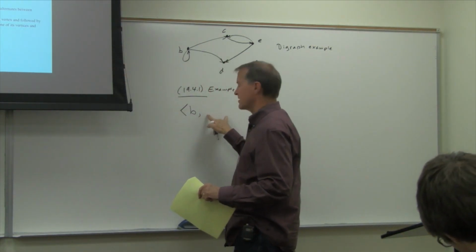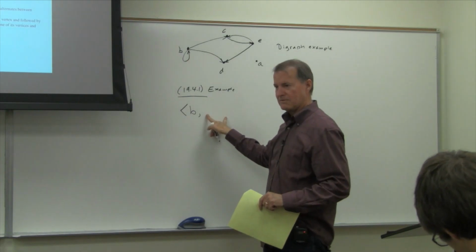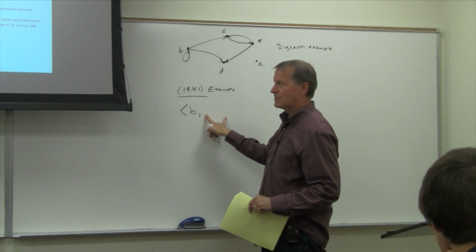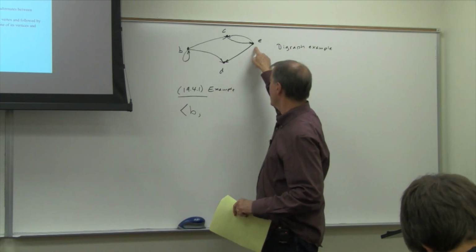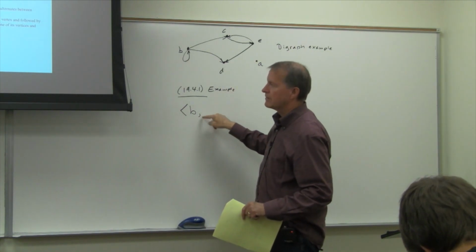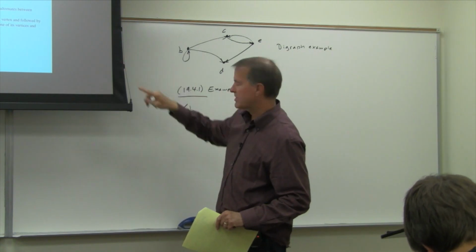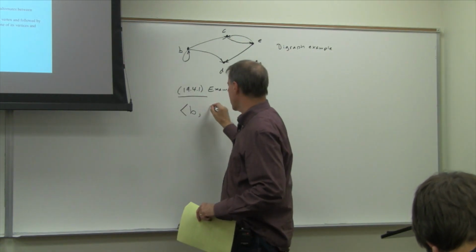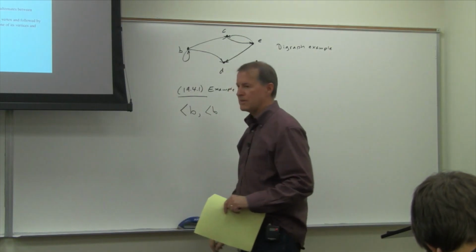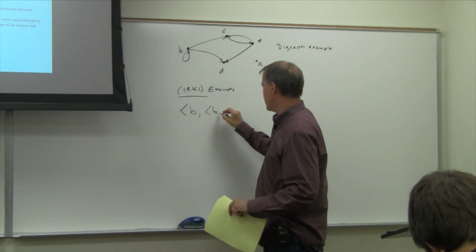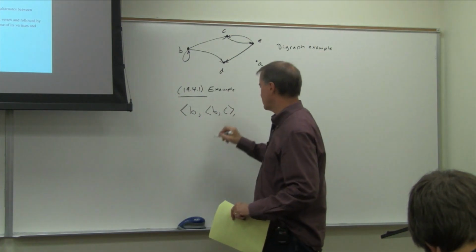The next thing I need is an edge, but it can't just be any old edge. I can't just use the edge ED here. Why not? Because an edge is preceded by its start vertex. So this edge has to be an edge that starts at B. Are you with me? So let's just say it's B, edge BC.